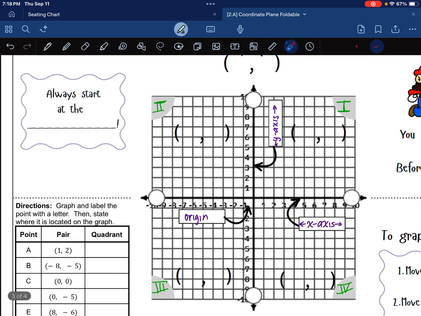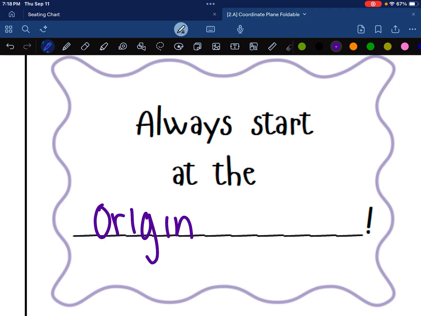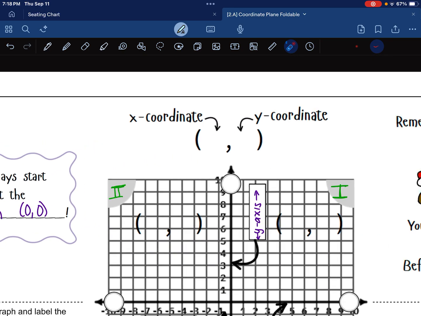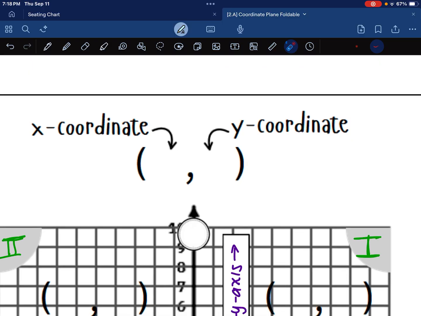Now, when we are graphing, we do always start at the origin, which is the ordered pair 0, 0. That's saying that we're not going left or right at all, and we're not going up or down at all. Let's talk about ordered pairs. I find that students most struggle with remembering the order for ordered pairs.